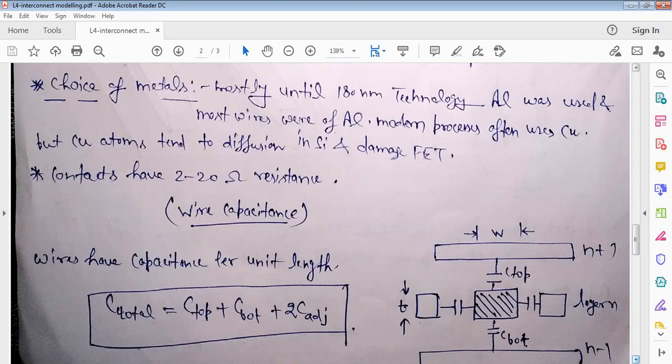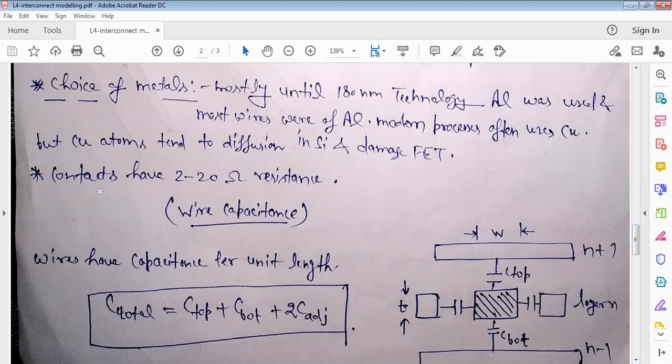Modern processes often use copper, but there is one disadvantage associated with copper: copper atoms tend to diffuse into the silicon, and they can damage the FET, field effect transistor device. So this is the choice of metals.